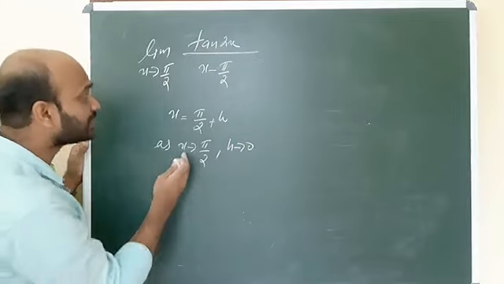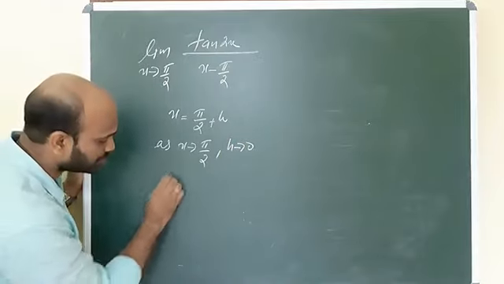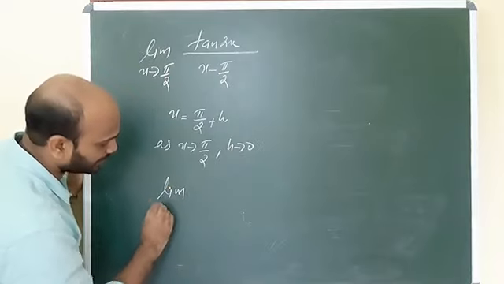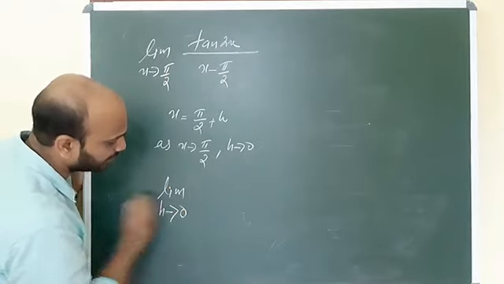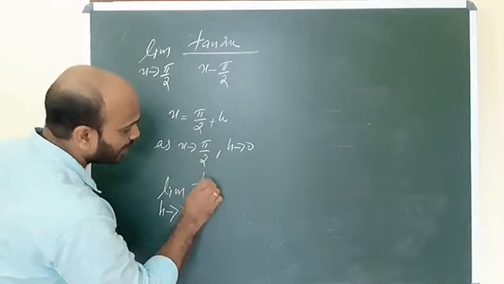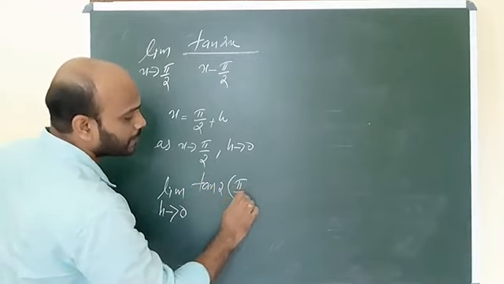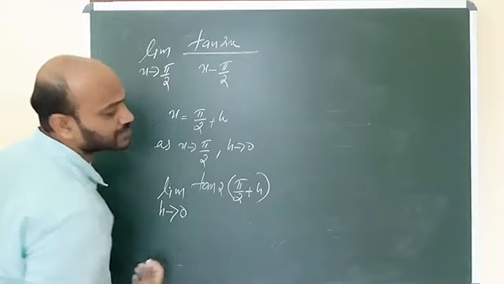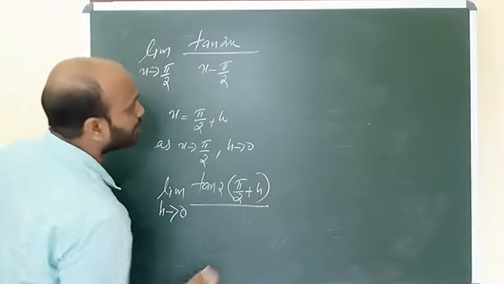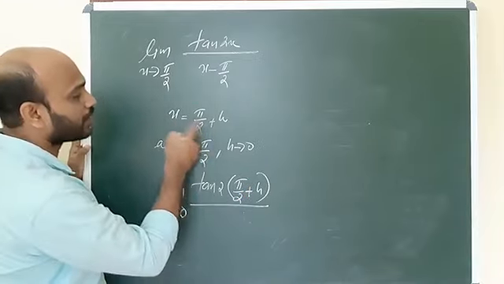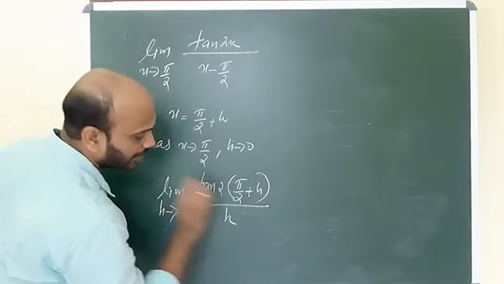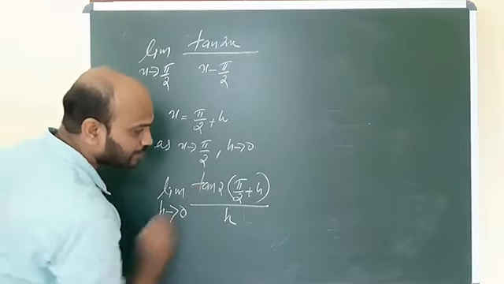Okay, by using this result, we can rewrite the question as limit h tends to 0, tan 2 into x, x is pi by 2 plus h, by x minus pi by 2, which equals h.